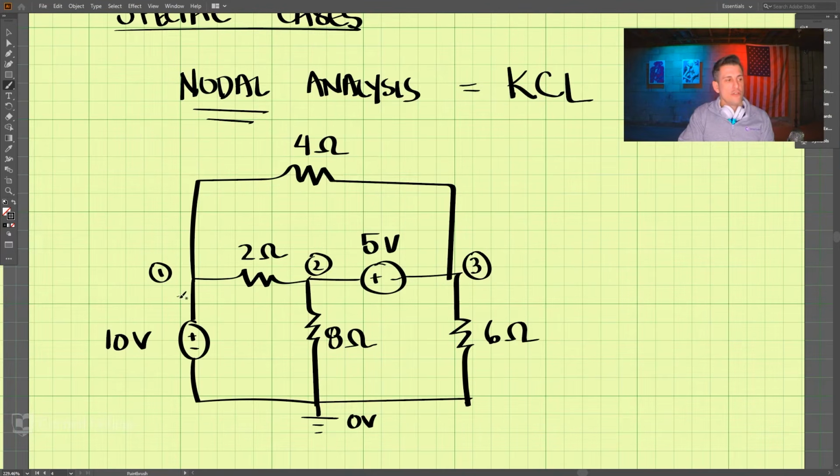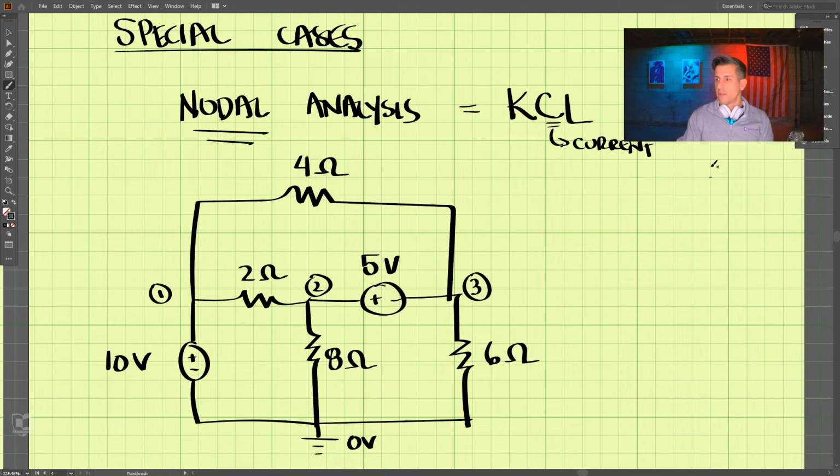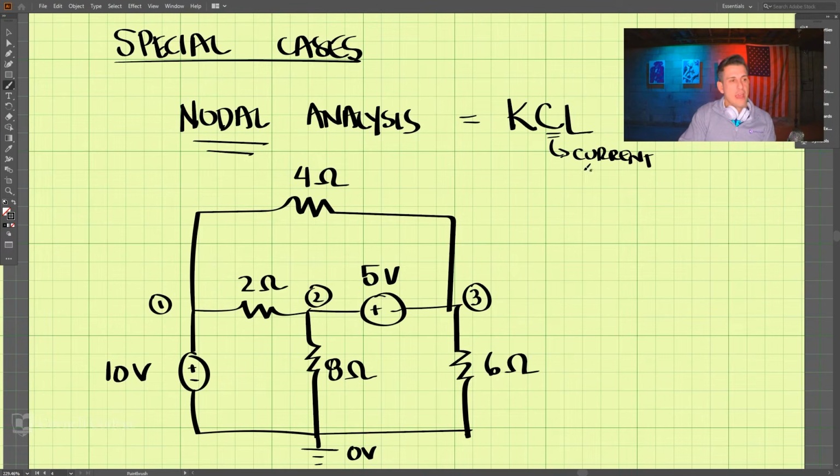So how do we do KCL? Remember, C means current. How do we do KCL at node 1? It's difficult to do.